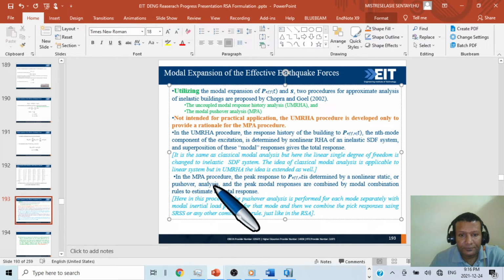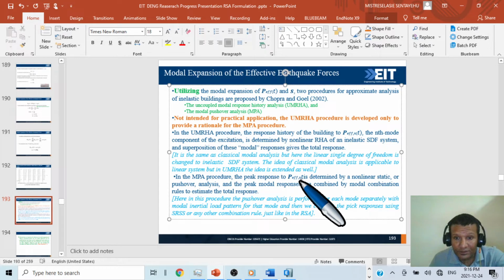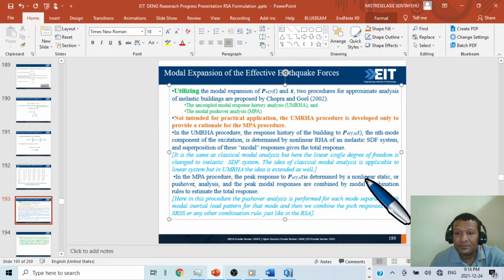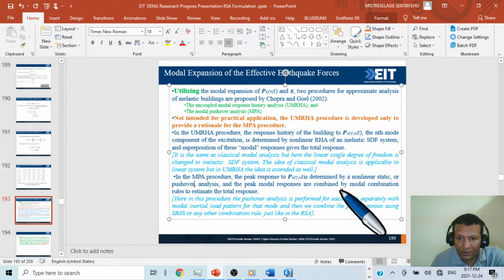In the MPA modal pushover analysis procedure, the peak responses to P effective n, as we discussed for the nth mode, is determined by the nonlinear static or pushover analysis, and the peak modal responses are combined by a modal combination rule to estimate the total responses.